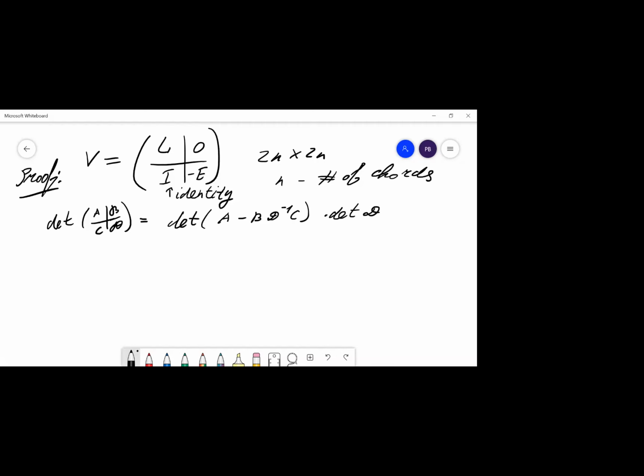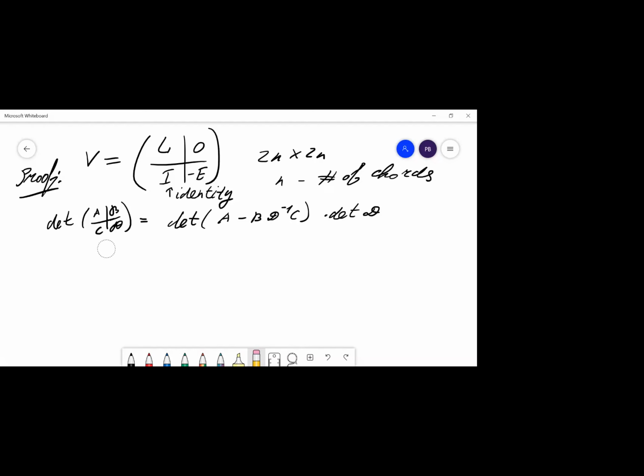But this is a diagonal matrix, so of course it's invertible. So the determinant of matrix V is, actually, I probably better do it like that.